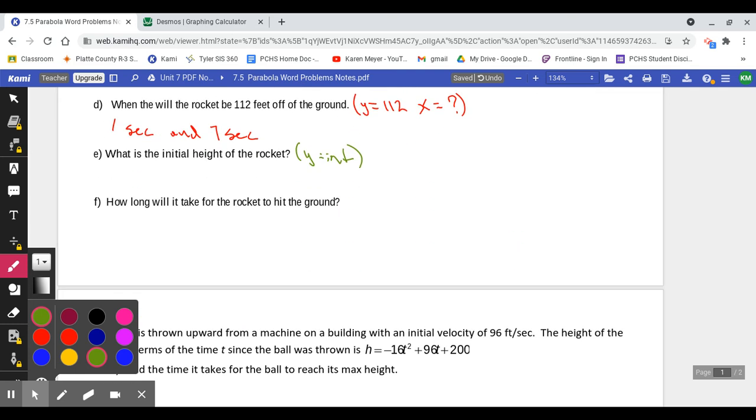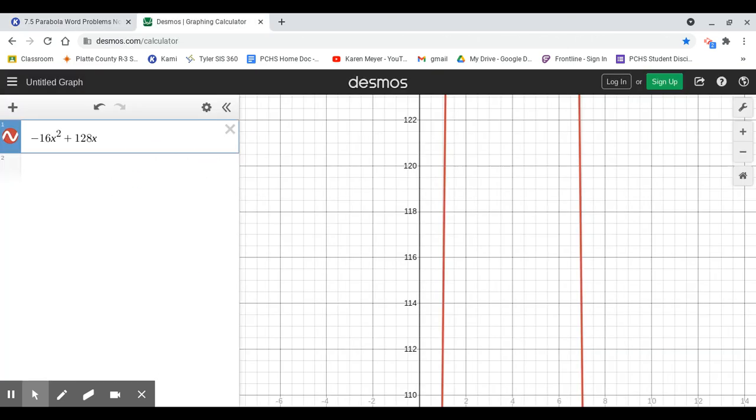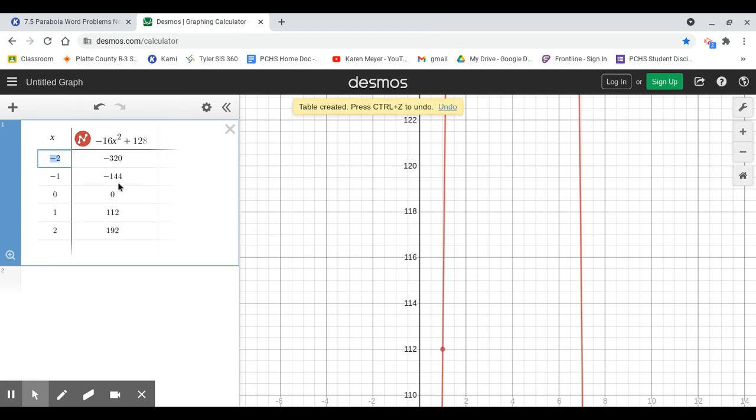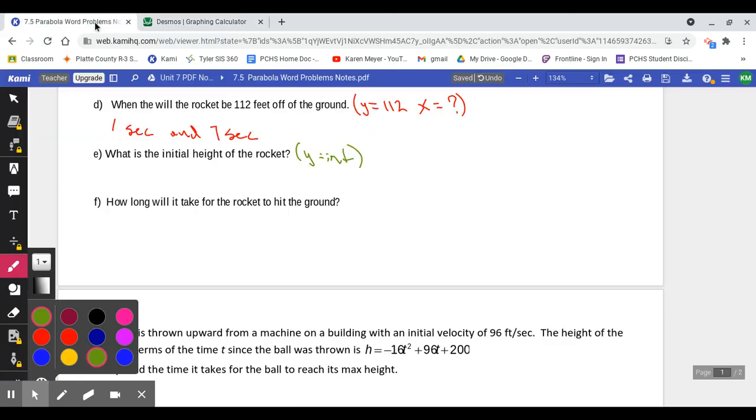You can keep scrolling till you figure that out, or you can go to the t-table. If you put 0 in the x column, you're going to notice that it says it is 0. So probably using the table to find that is going to be faster than trying to manipulate your picture.